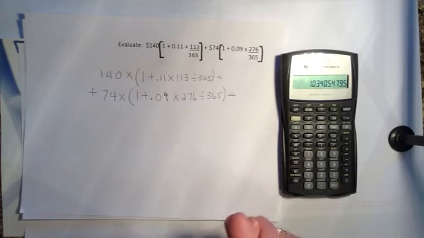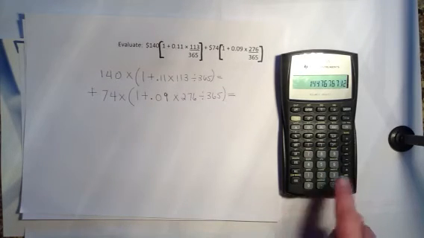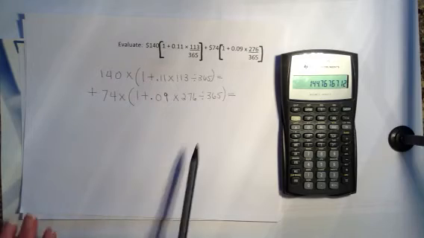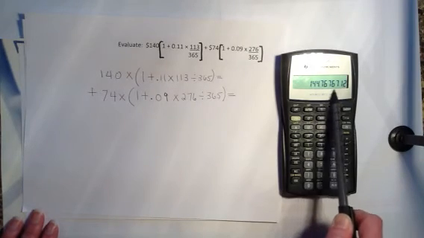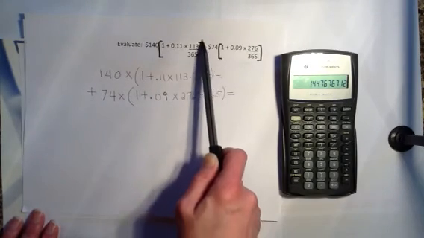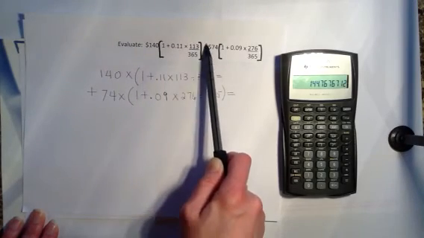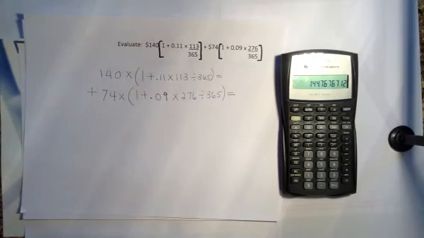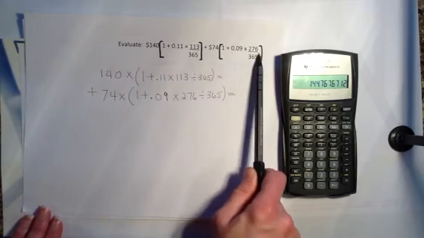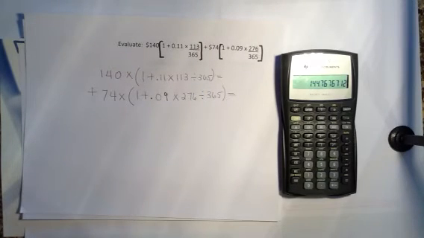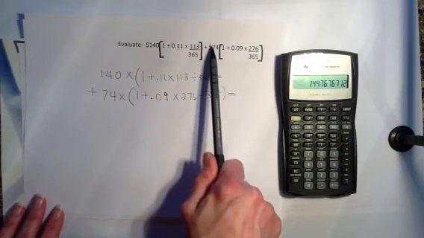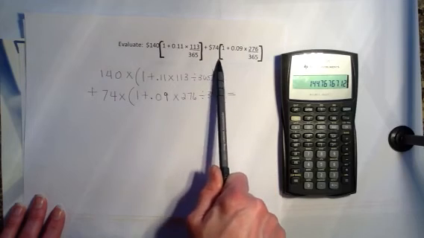I'm going to close the bracket, but don't forget to press the equal sign, because by pressing the equal sign here, that gives me the value of this first series of numbers that I have to add this to. So that 144.7676712 is the number that's going to be added to this series here.